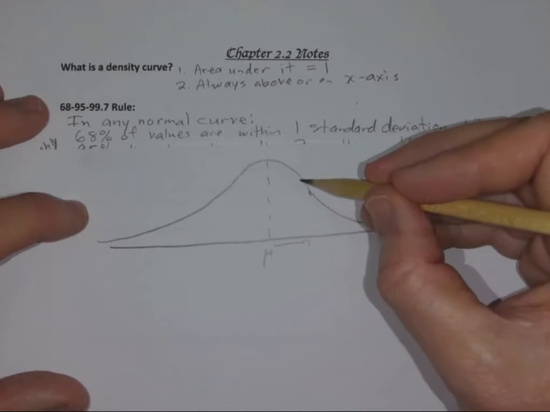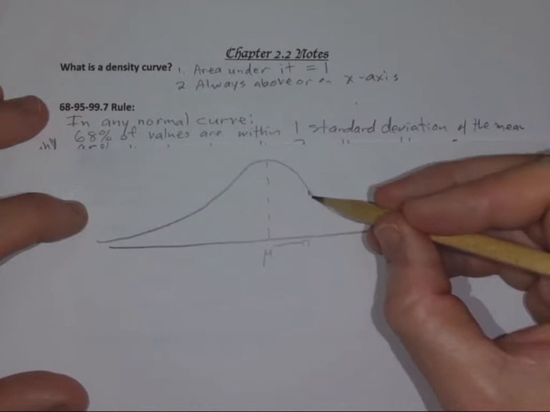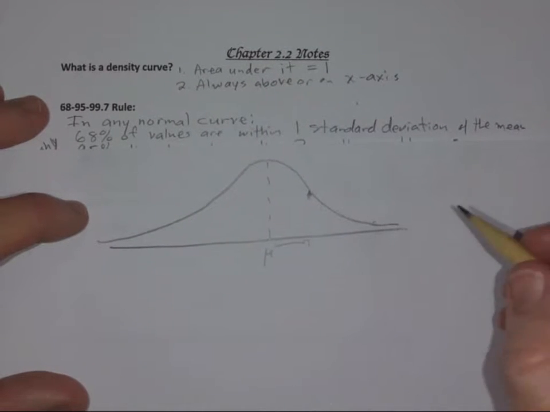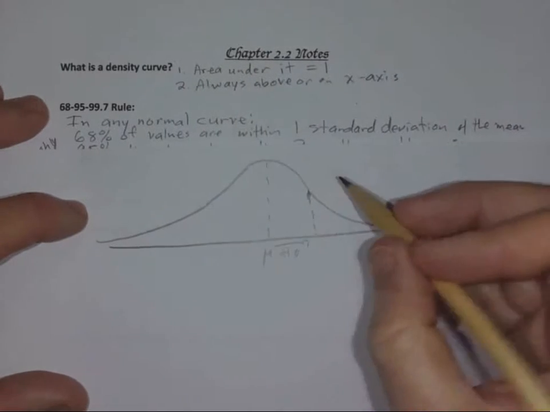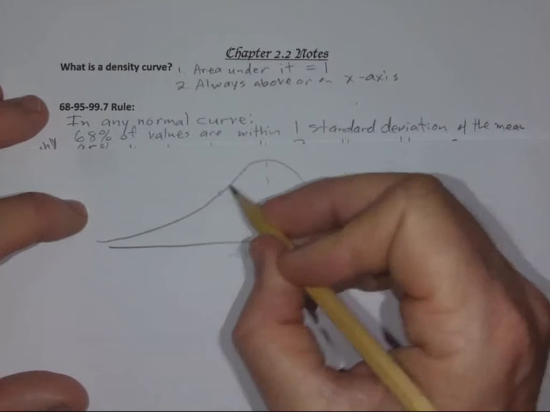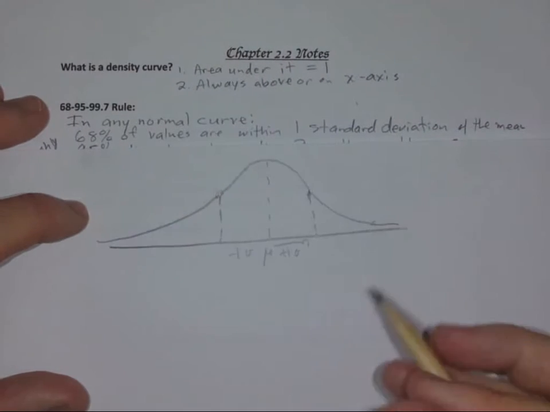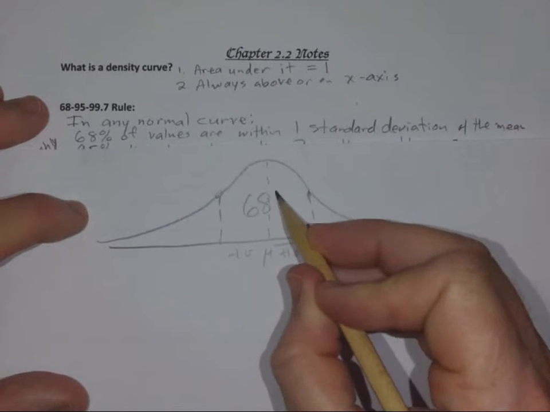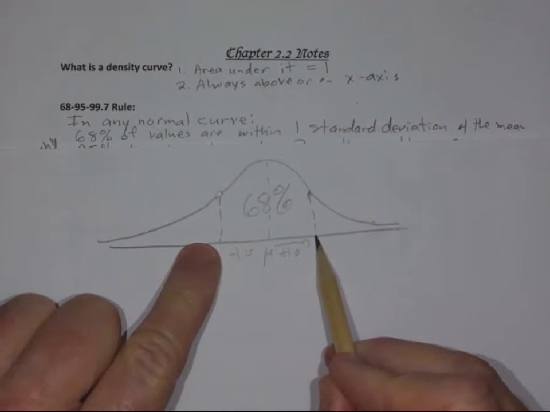In other words, the concavity of the graph here changes from concave down to concave up, if you've had that in another math class. So we would say plus 1 sigma, and that would go to there. 1 standard deviation left, minus 1 sigma, goes halfway down this hill at this inflection point right there. And so the empirical rule says 68% of this whole curve is within 1 standard deviation.